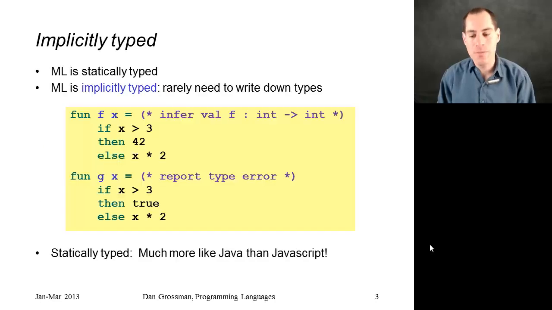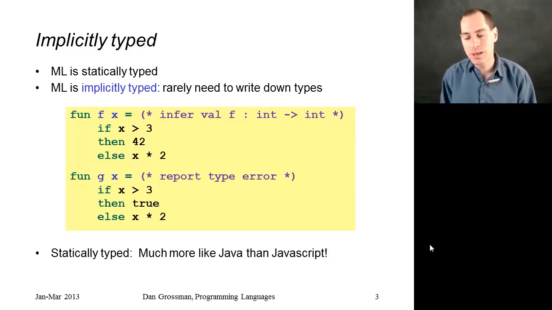Now, the reason why I'm emphasizing this is that even though ML is statically typed, it is implicitly typed. Ever since the beginning of section 2 or so, we have not been writing down the types of any of our variables. We never did for val bindings, and only at the beginning of the course, when you're using #1 and #2, did we for arguments to a function.